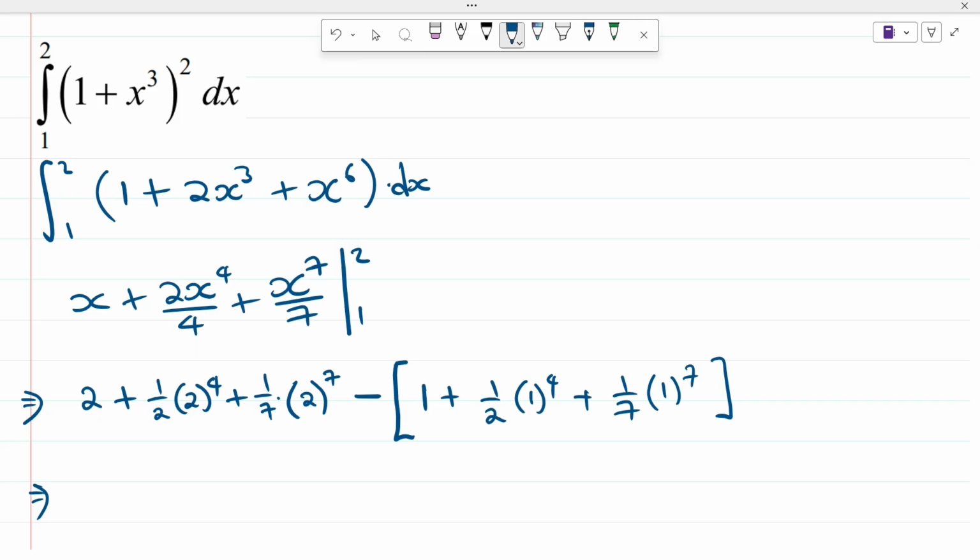And there we should be able to get something like 26 comma. Your answer should be 26.643. So yeah, this is going to be your answer for that one.